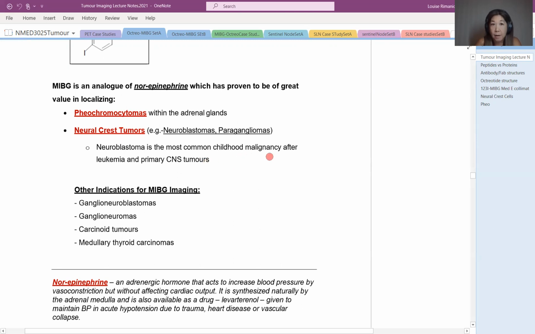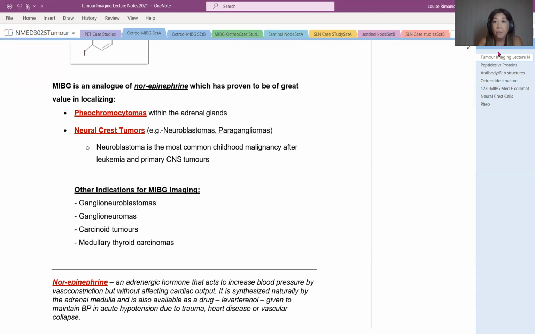It is definitely a childhood malignancy, with about more than a third of patients being less than a year old at the time of diagnosis, with a median age of about 17 months.